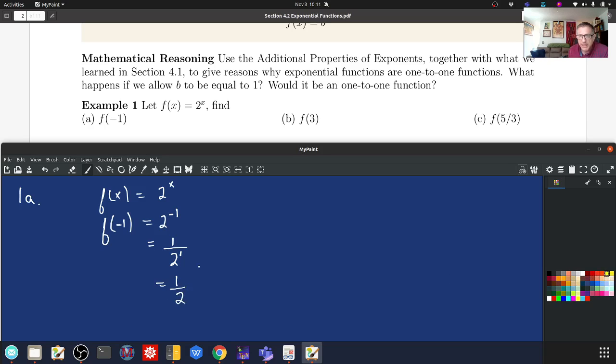And this is the answer I want to see. This is a particular area of the book where you do get to use your calculator, but just don't whip out a calculator and put in 2 raised to the minus 1 and report 0.5.